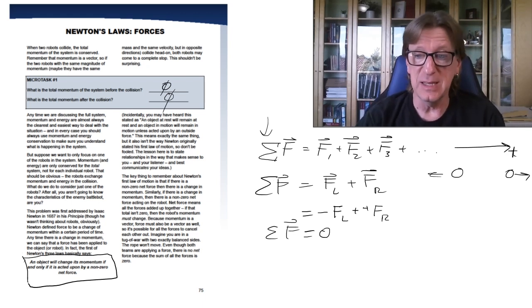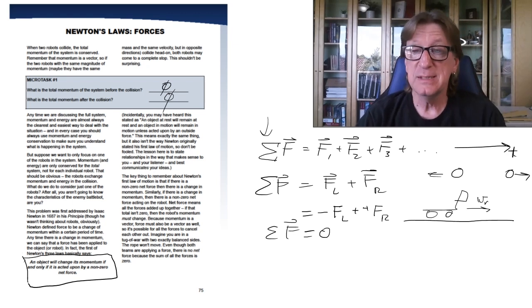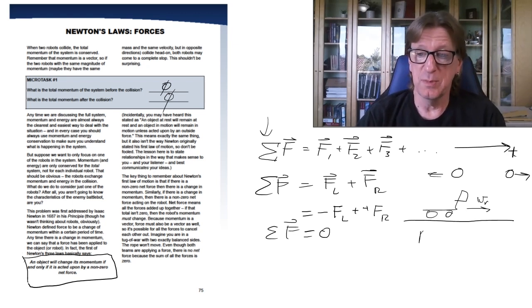Now, this applies even if the robot is moving at a constant velocity. We're going to deal with this in detail in just a minute. But if it's moving at a constant velocity, whatever that is, v_robot, is there any acceleration? Is its velocity changing? No. Is its momentum changing? Remember that momentum, which is a vector, is the mass times the velocity.